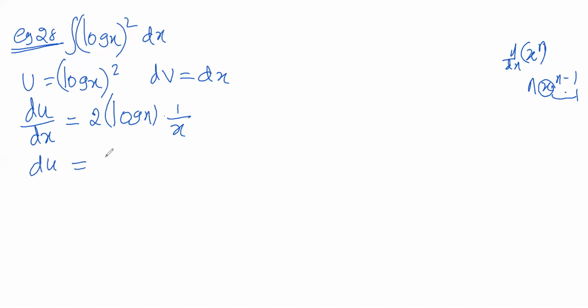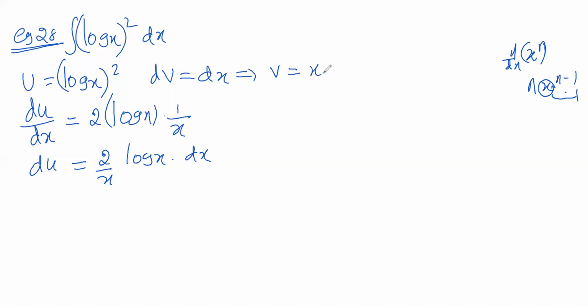From this du is equal to 2 log x into 1 by x, that is 2 by x log x into dx. This is du. And from dv, what is v? v is equal to x.